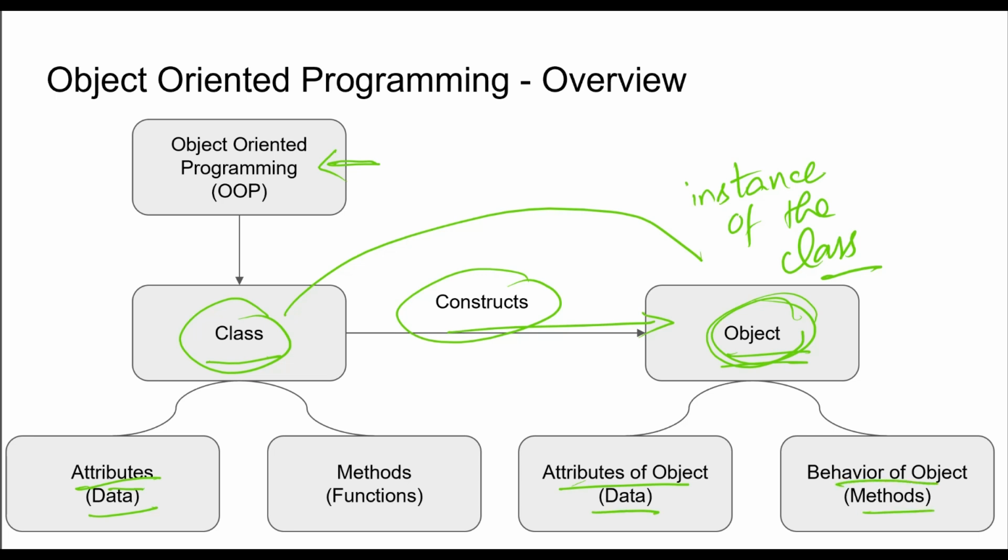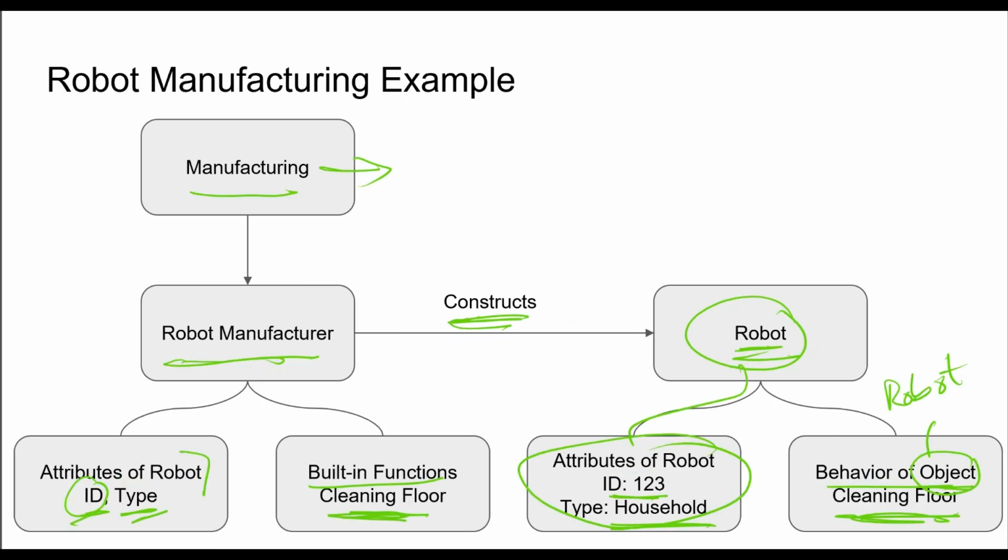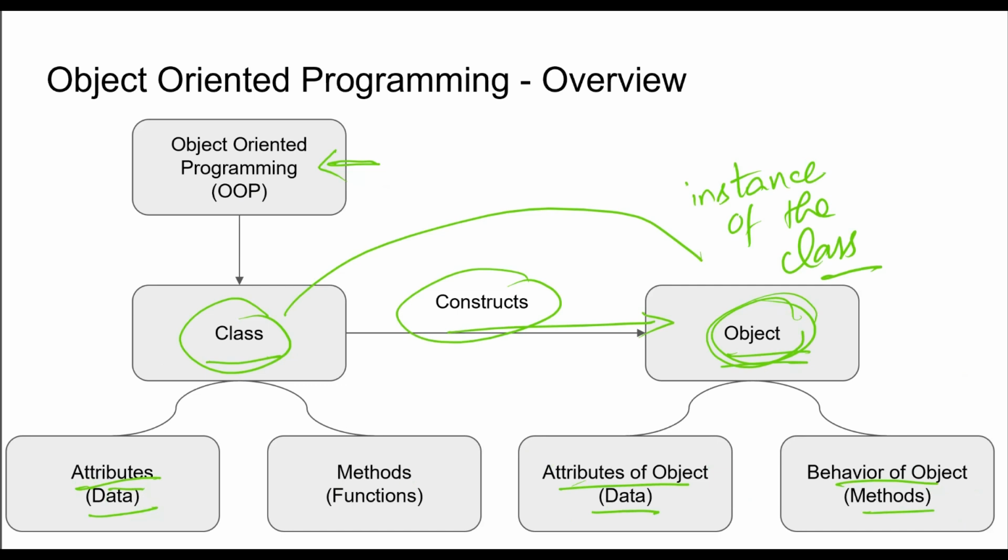Similarly, in our robot manufacturing example, the behavior of the robot was the built-in function that the robot manufacturer was adding to the objects. Similarly, in this case, when we have objects actually created by the class, these objects will hold these attributes which were used to create these objects.